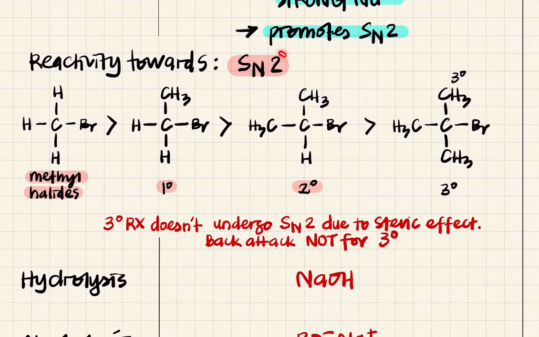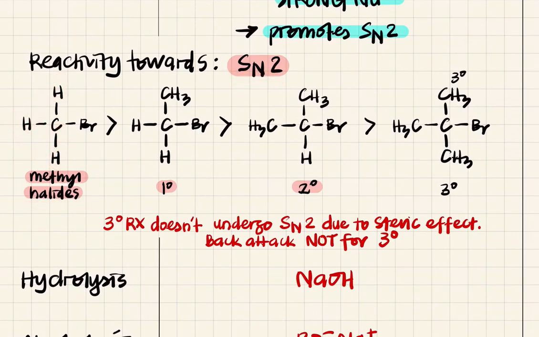So maksudnya Sn2 ni, it is made for molecules that do not have steric hindrance lah, okay. Tak ada block by R groups tu, okay. So siapa yang paling sesuai untuk undergo Sn2? Methyl halides, okay. Kalau tengok belakang ni, okay, dekat back ada hydrogen saja.